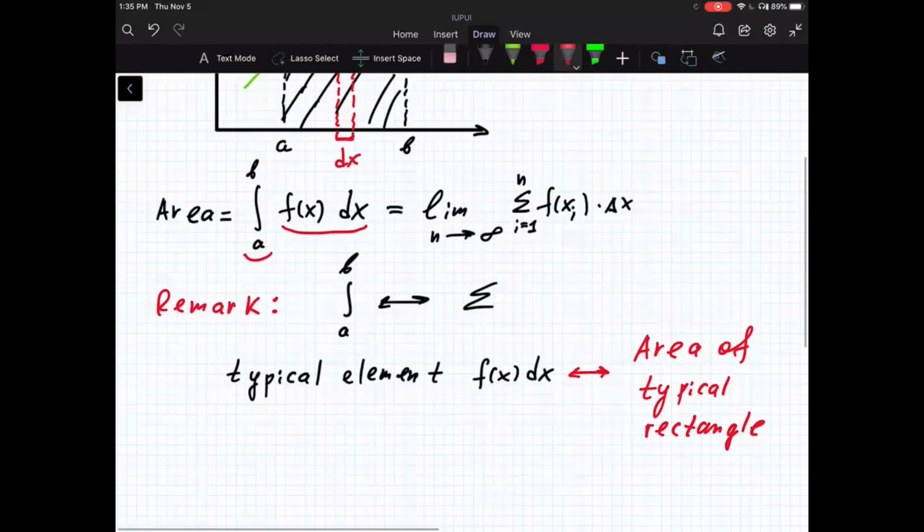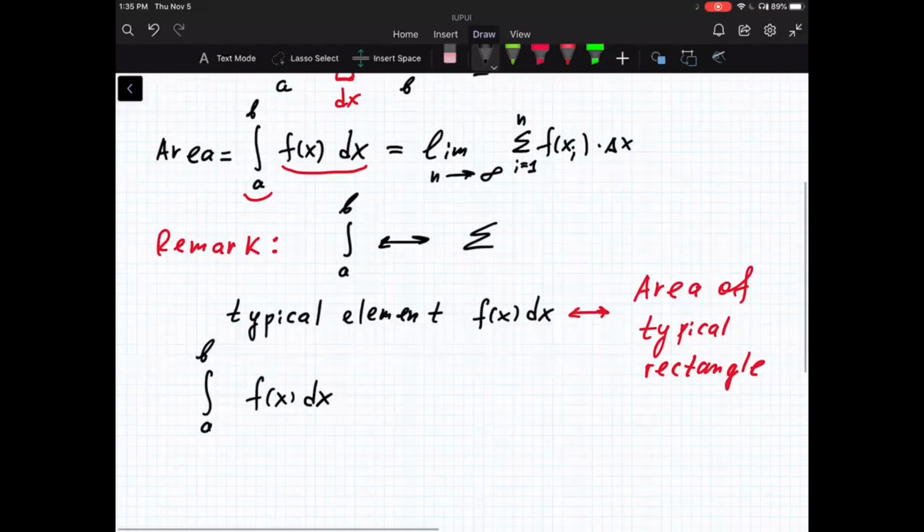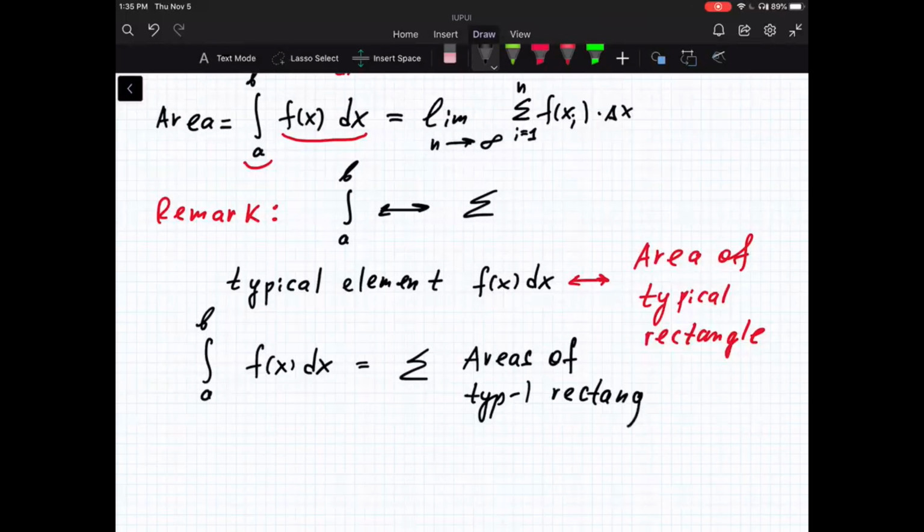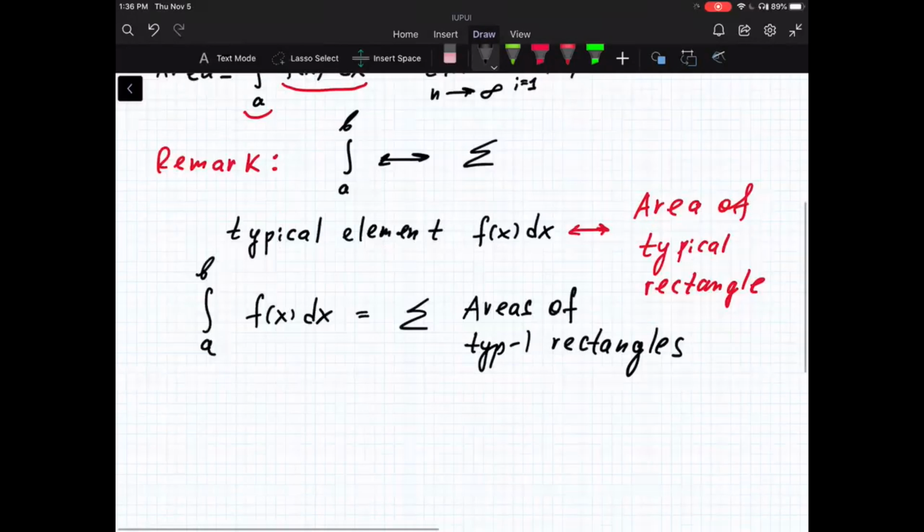And so indeed, when we combine this integral sign and f of x dx, if we think about them as separate objects, then we get the sum of areas of typical rectangles. Another way you can think about integration. Let's do one example.